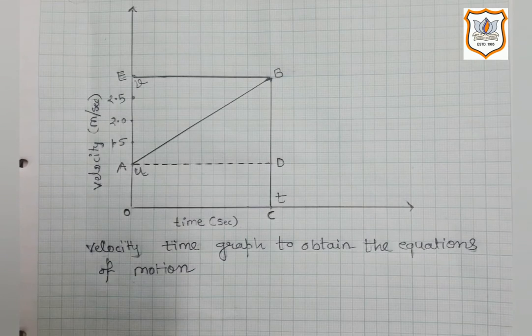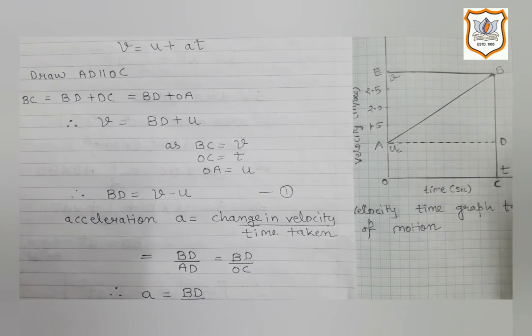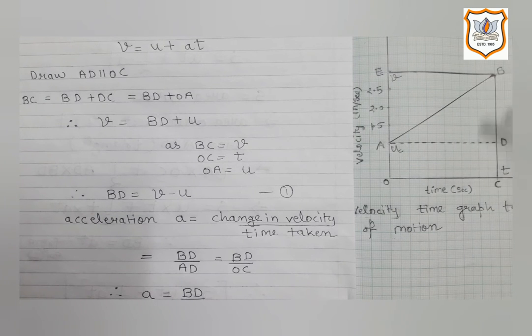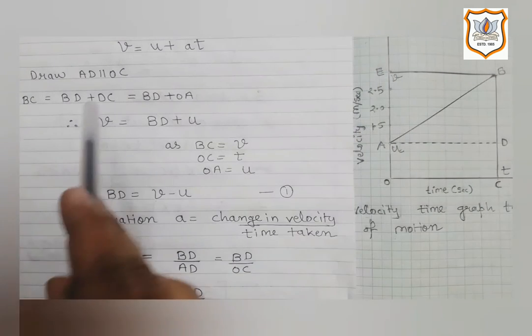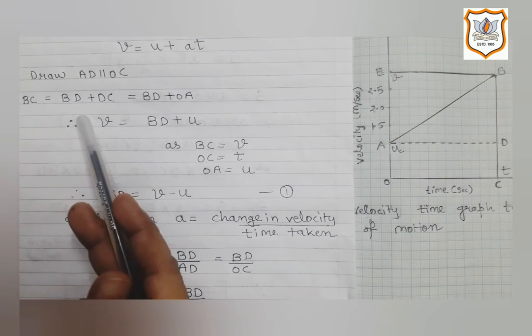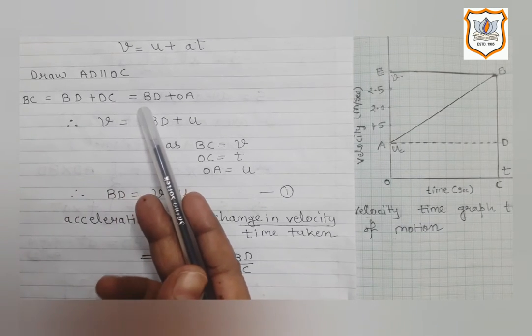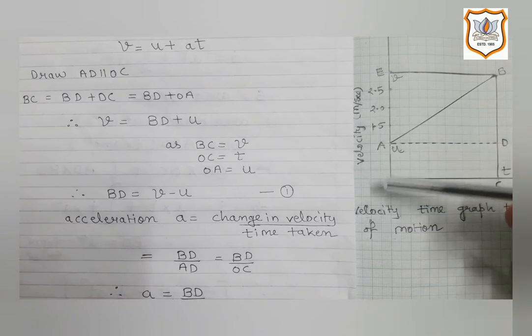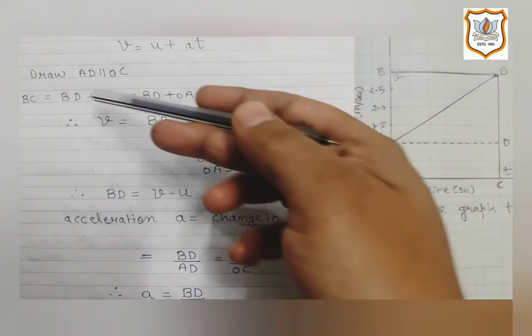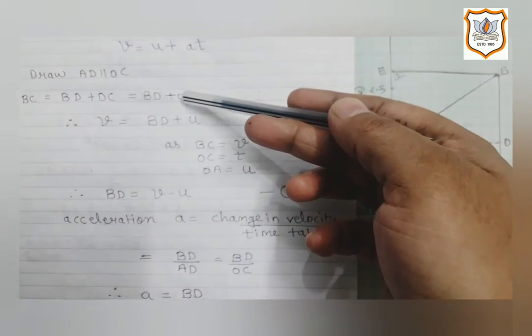Now next, take the first relation, that is BC. We know that BC is the final velocity, and BC will be equal to BD plus DC. But we know that here DC is equal to OA, so instead of writing DC, we can write OA.